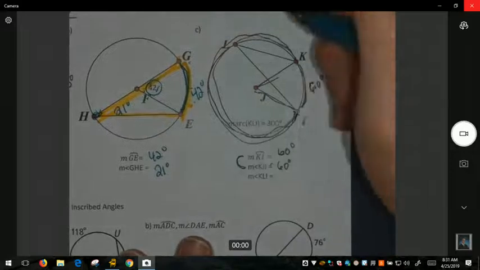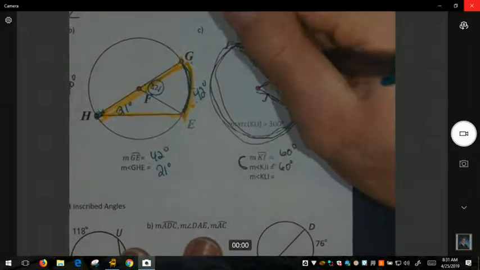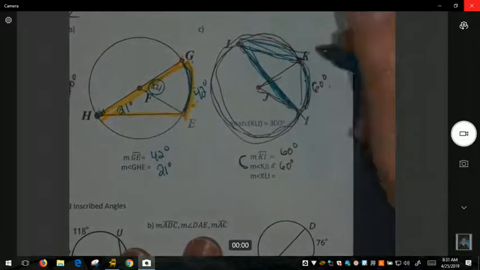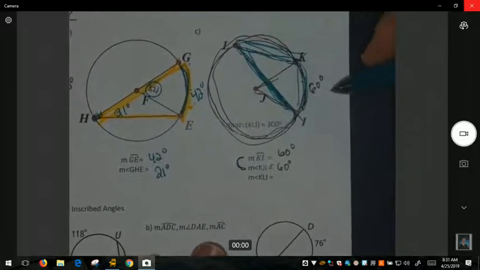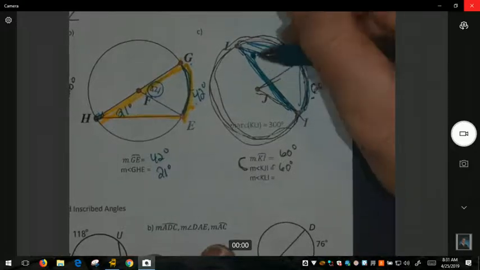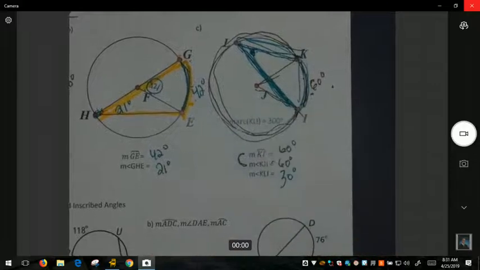The inscribed angle KLI, pay attention to what it's touching. It's touching this arc. This arc is 60 degrees. The inscribed angle is smaller than its intercepted arc. It is half the size, so it is 30 degrees.